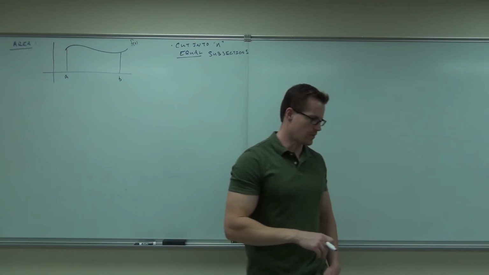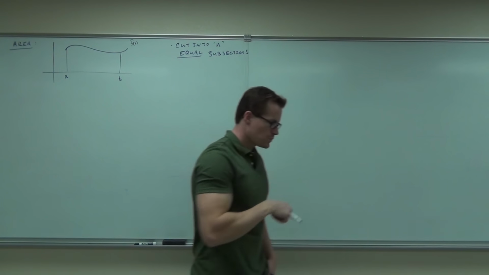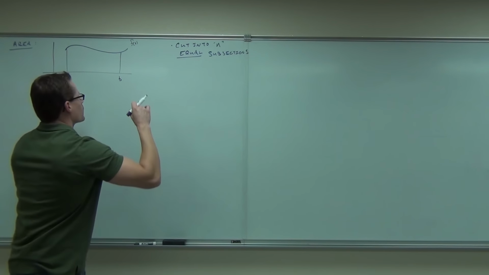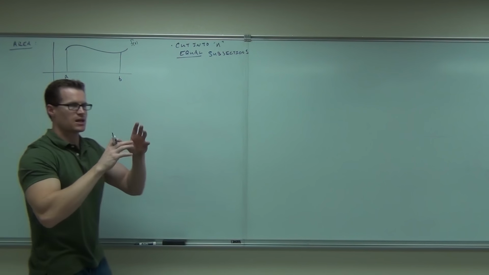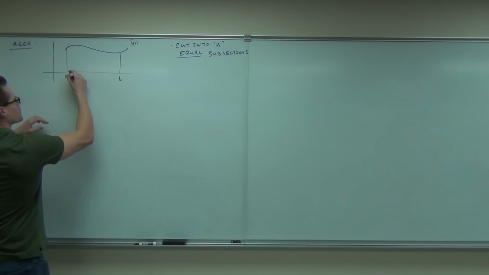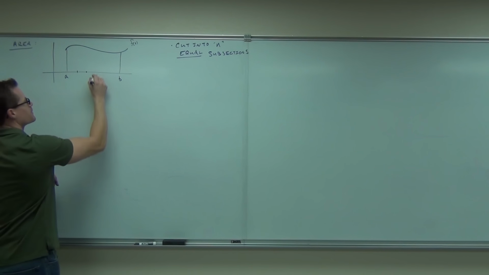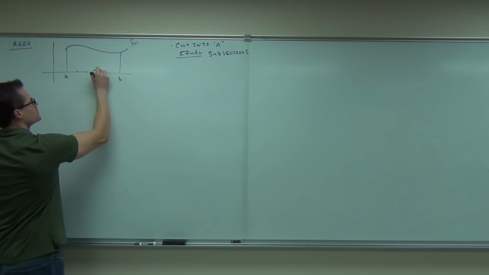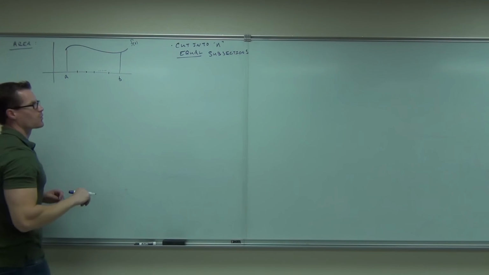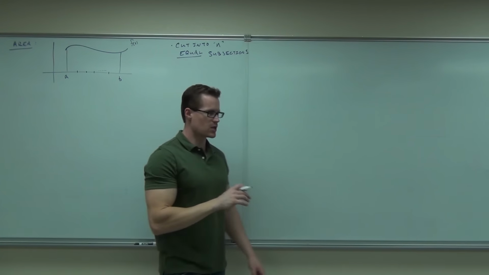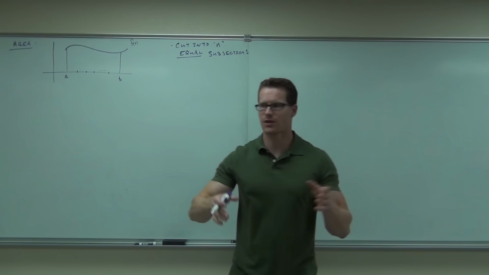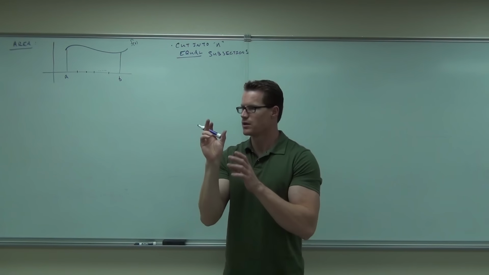So I'm going to cut this into n equal subsections. Right over here, I'm going to make a little cut. I'm going to go over the same distance and make a little cut. Then another distance and make a little cut. I'm going to do this until I get however far I need to go. I'm going to find out the length and cut it into a certain number of subsections.